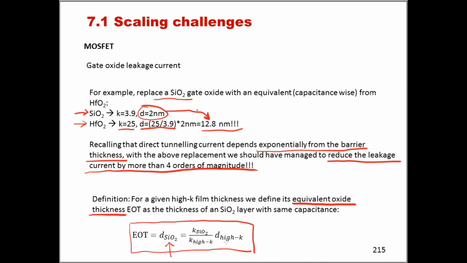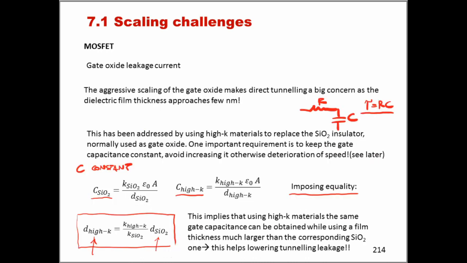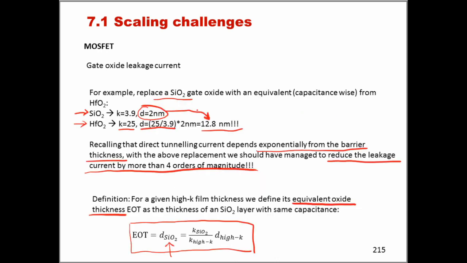If you notice, this is simply the formula we've seen in the previous slide in a reversed way, if you like. In the case of our 12.8 nanometer hafnium dioxide film, we would say that the equivalent oxide thickness of this 12.8 nanometer film would be 2 nanometers.